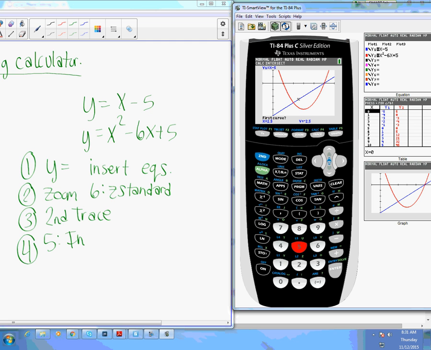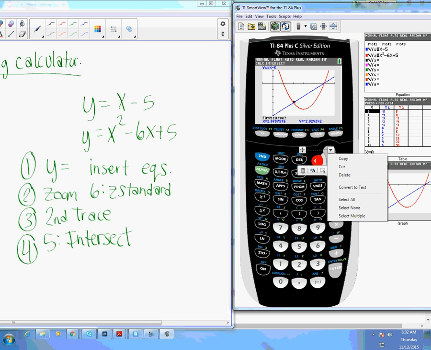5 intersect. Now on the bottom left-hand corner of the screen, it says first curve. If you move your arrows left and right, there's a blinking bug that's crawling along the first curve, which is the linear function. We want to arrow it over until it's on the first intersection point.